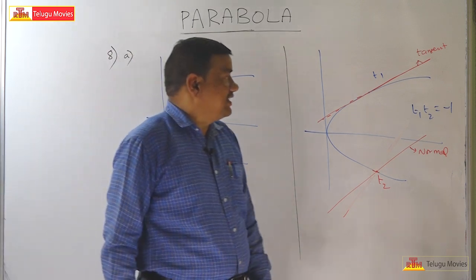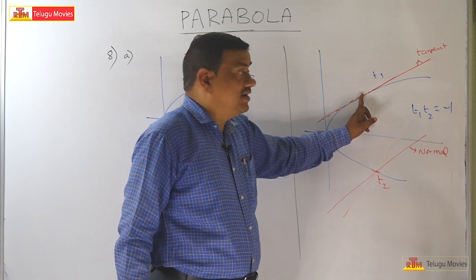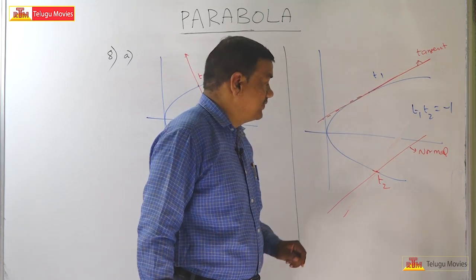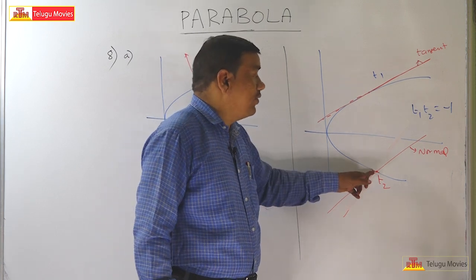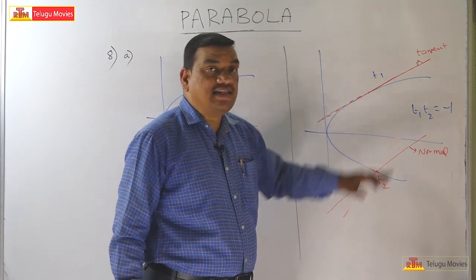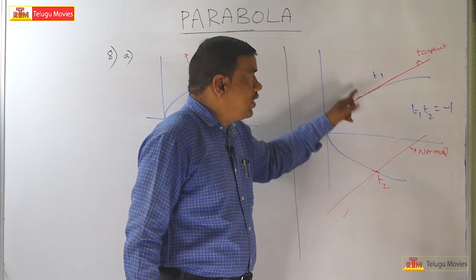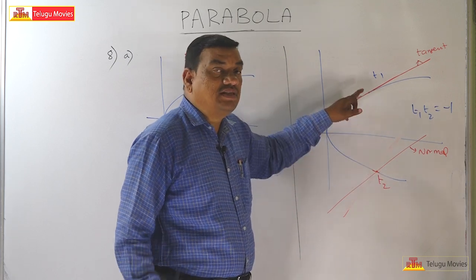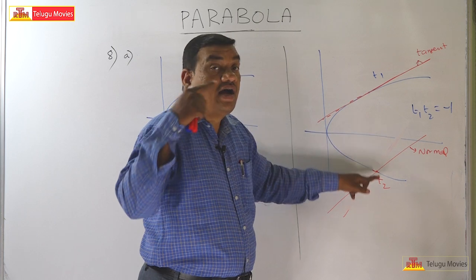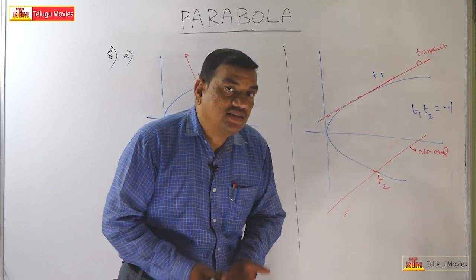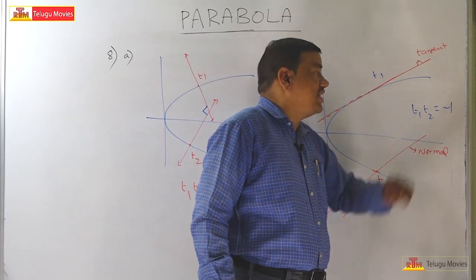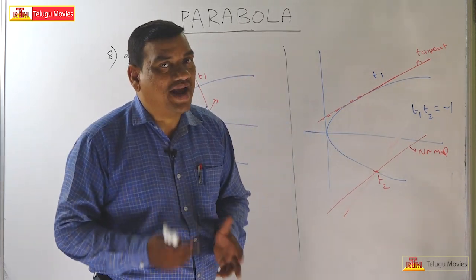Another result is: at t1 there is a tangent, at t2 there is a normal, and these two are parallel. That means a tangent at t1 and a normal at t2 are parallel to each other. Then the result is t1 into t2 is equal to minus 1.